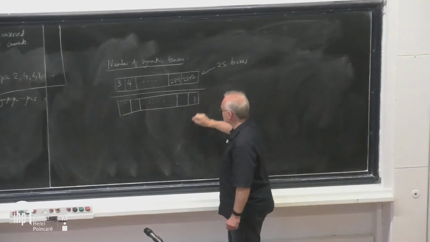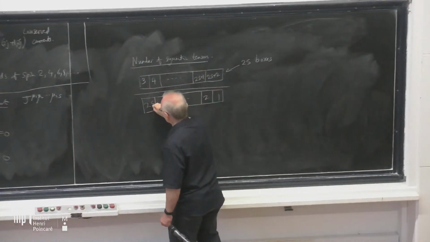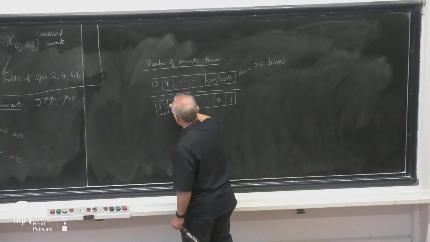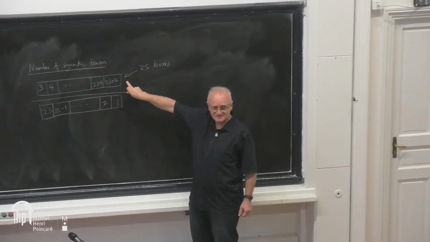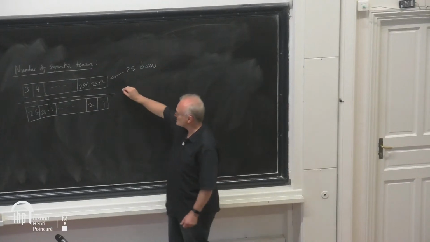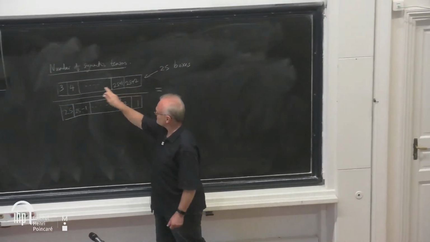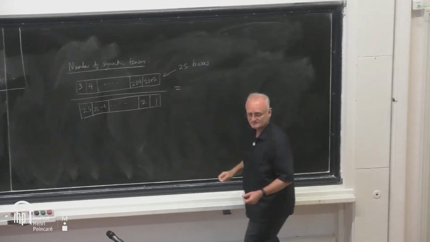So that's got a hook length of 1, that's got a hook length of 2, this has got a hook length of 2s, and this has got a hook length of 2s minus 1. And I need to take the product of the numbers at the top divided by the product of the numbers at the bottom. Everything at the top is going to cancel except for the 2s plus 1 and the 2s plus 2.